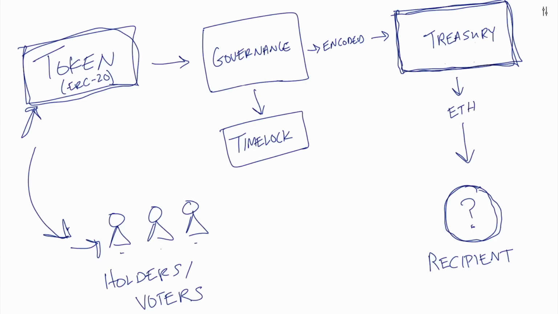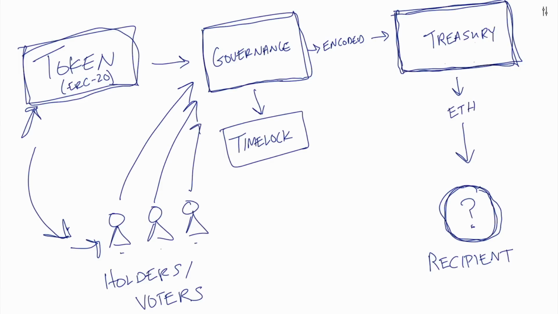Well, as a token holder, you can talk to this governance contract here, okay, and basically say, hey, we want to create a proposal that says, we want X amount of dollars or Ether to go to this recipient, for some reason. And you will add this proposal to the governance contract. And then once that proposal is accepted, the token holders can then vote on this proposal.